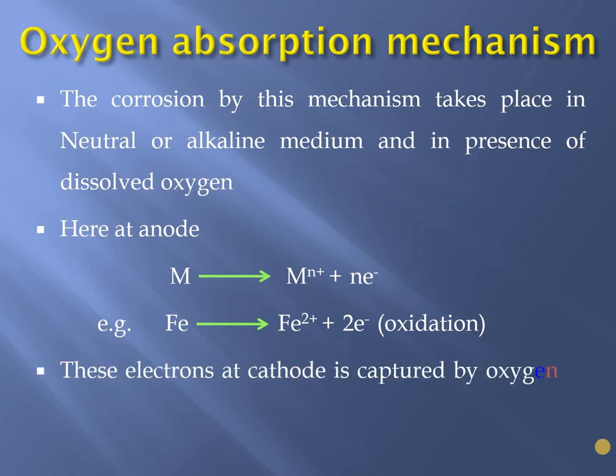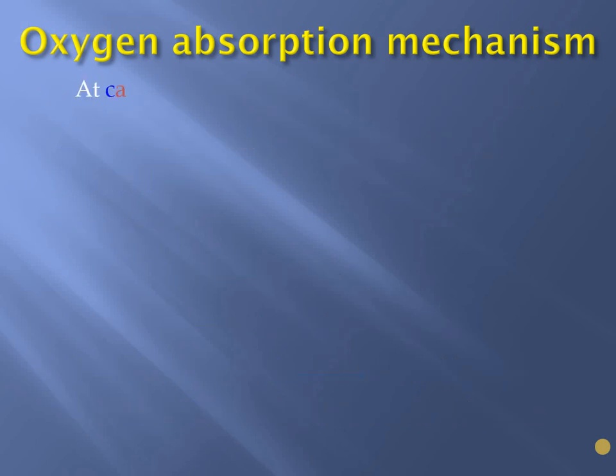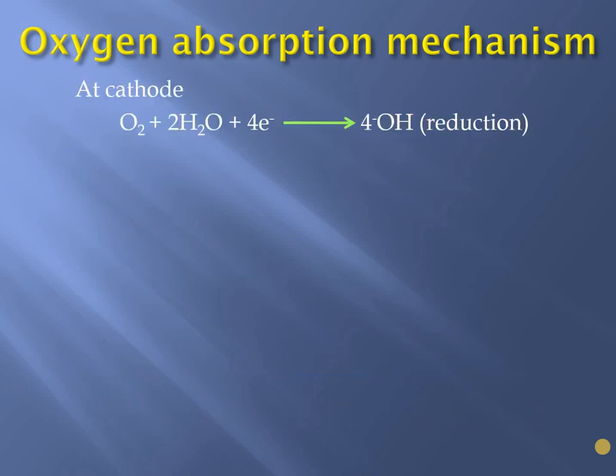So these electrons at cathode are captured by the oxygen in the presence of water, leading to absorption of oxygen. At cathode, oxygen will take the electrons in presence of water molecule to form the OH-. So the reaction will be O2 + 2H2O + 4e- gives 4OH-, and the process will be called reduction.